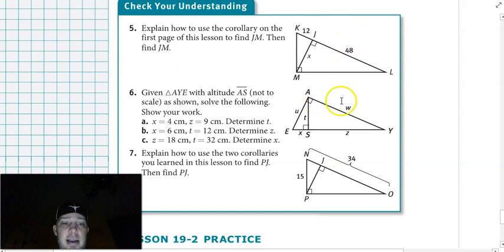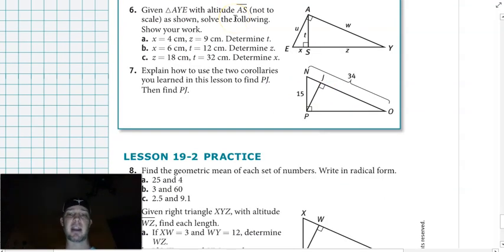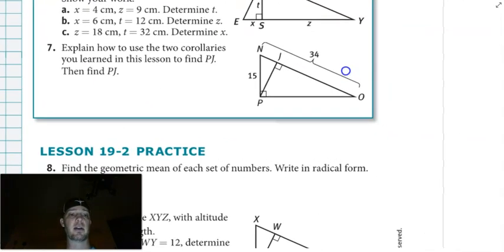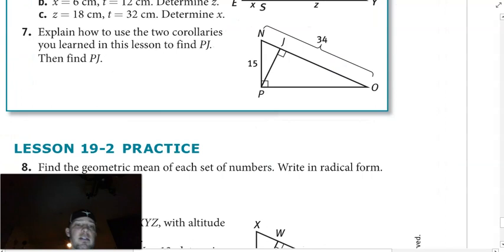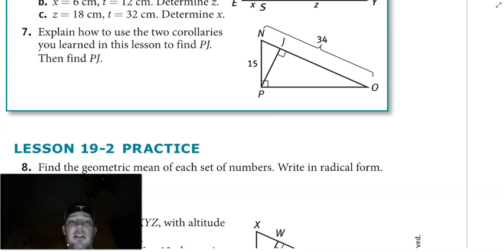You can try 6. It's actually 3 different problems. Let's go ahead and go over number 7 now, and then I'll go back and do the other ones. All right, so it says, explain how to use the two corollaries we learned in this lesson to find PJ. Well, first, let's look at what pieces we have. I do have an altitude drawn.